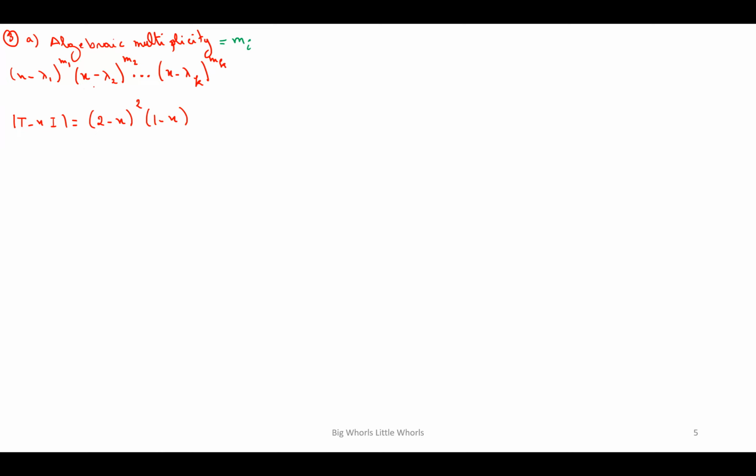So we can rewrite all of this into x minus lambda, but this doesn't matter.